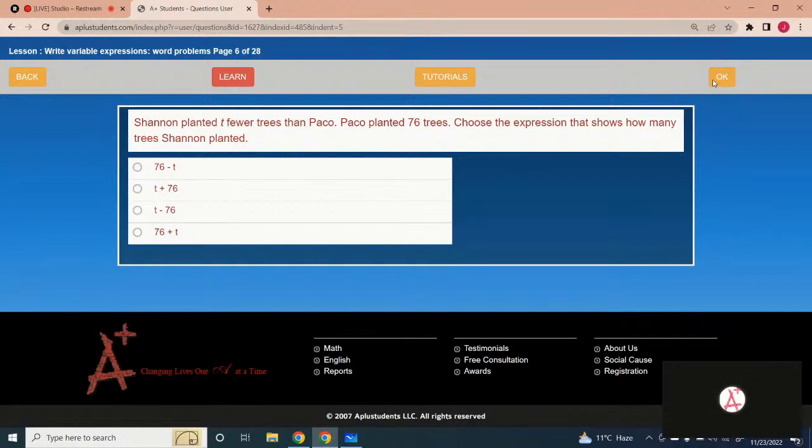So it would be, fewer means you have to 76 subtract T. Got it? Shannon planted T fewer. It would be 76 subtract T.